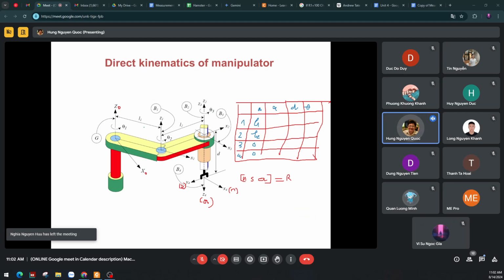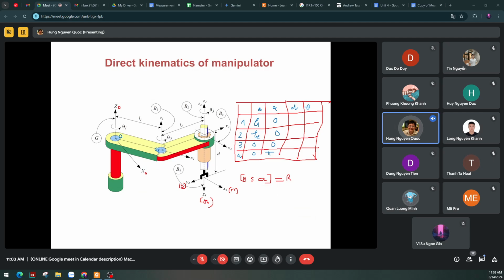Okay, alpha: 0 and 1 is 0, 1 and 2 is 0, 2 and 3 is 0, 3 and 4 is pi. Right? 3 here, 4 here, so it should be pi. Okay. D, the distance between O0 and O1, right?